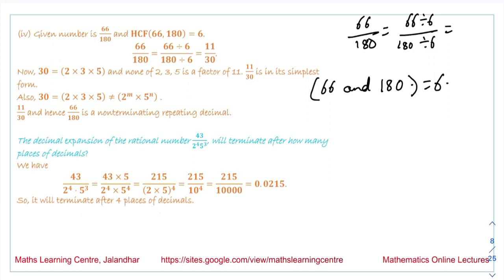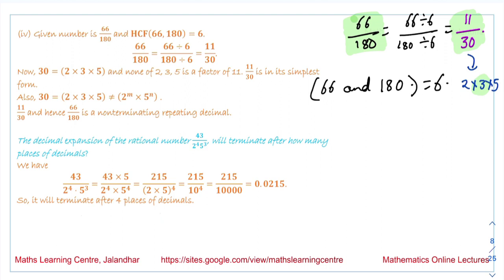When we divide by 6, the simplest form is 11 over 30. Now if we factorize 30, it is 2 into 3 into 5. Again 3 is there. It means the decimal representation of this number will be a non-terminating and repeating decimal.